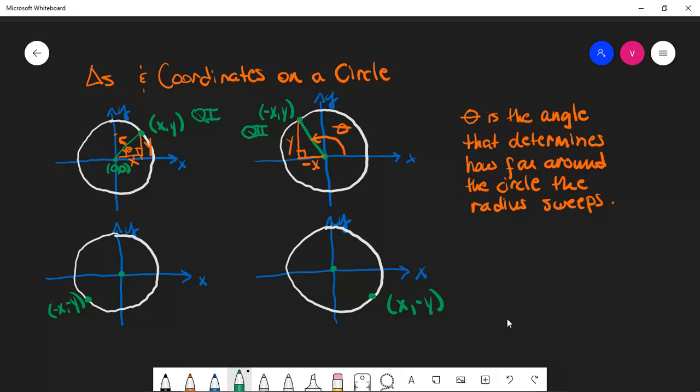Now we are going to look at the third quadrant. You've had an angle sweep all the way around. Whatever your theta is tells you when it's going to stop, and there's the radius of your circle. Your angle starts at the positive x-axis and goes all the way around to here. There's your theta.